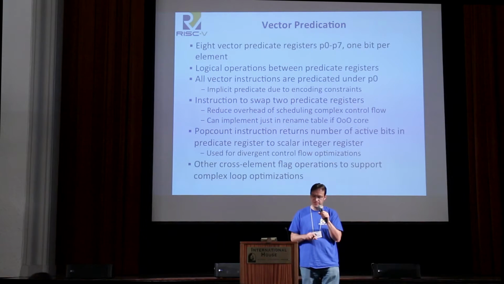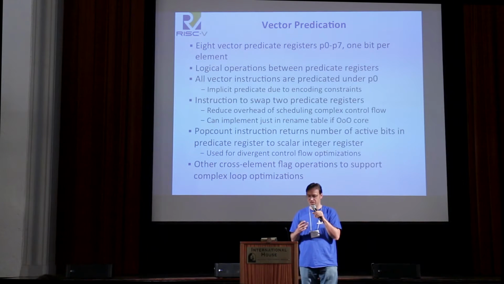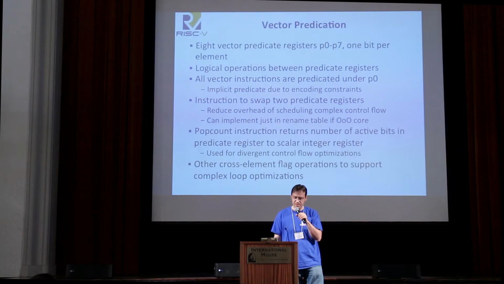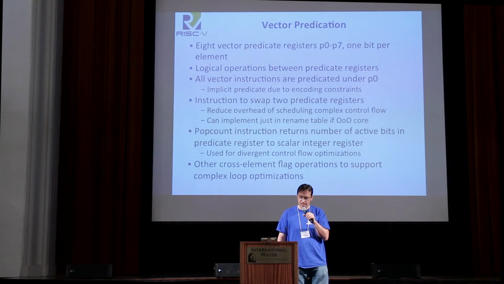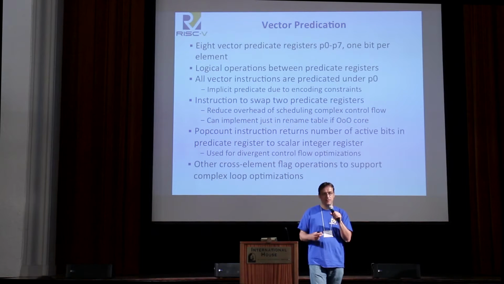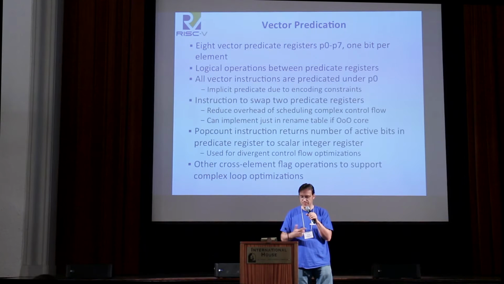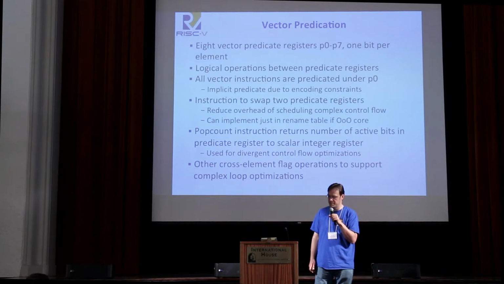And to help out, we have an instruction to swap 2 predicate registers, which, if you're doing an out-of-order machine, actually can be done purely in the decode stage to rename the predicates around, to swap the renamings. You have other features for the predication, like pop count to say how many are active in that current thing, and some other instructions that help with cross-element loop optimizations.